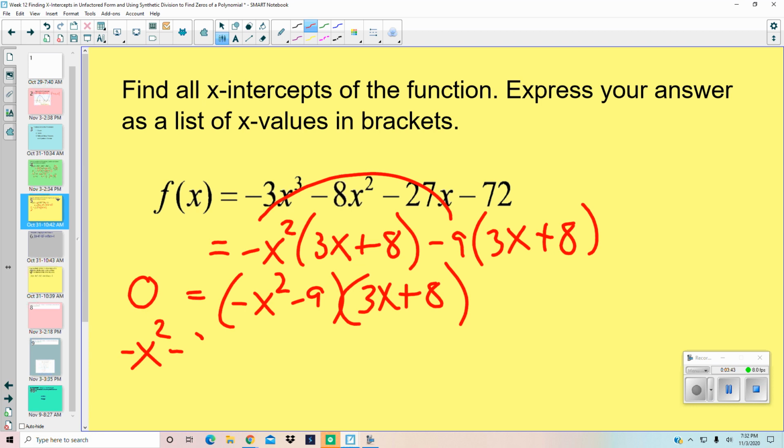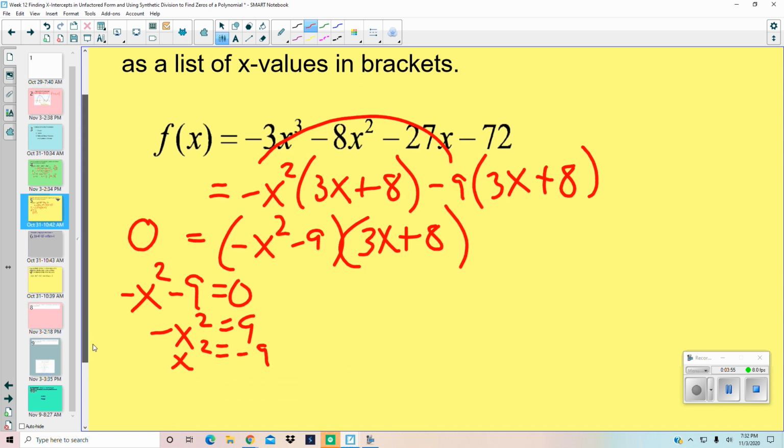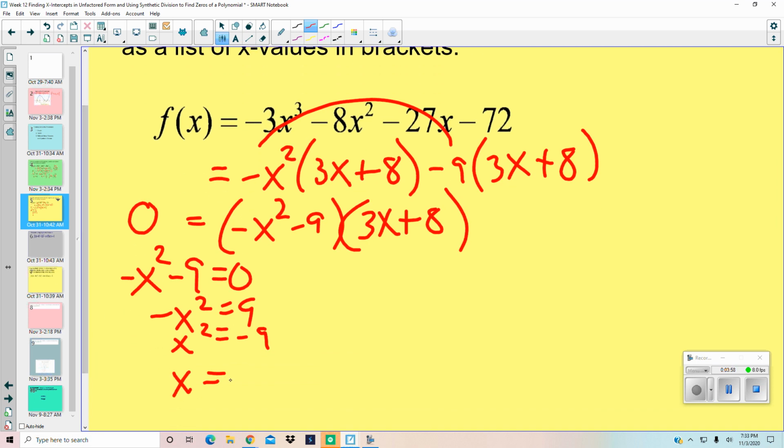-x squared minus 9 equals 0. Gives me -x squared is +9. x squared is -9. Square rooting a negative, remember, is going to give me 2 solutions, and it's going to involve i, so I'm going to have plus or minus 3i for my solutions there.